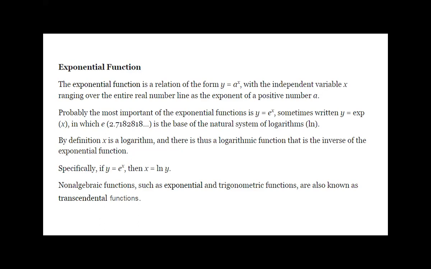So exponential function is a relation of the form y is equal to a raised to x, with the independent variable x ranging over the entire real number line as the exponent of a positive number a. Probably the most important of the exponential functions is y is equal to e raised to x.